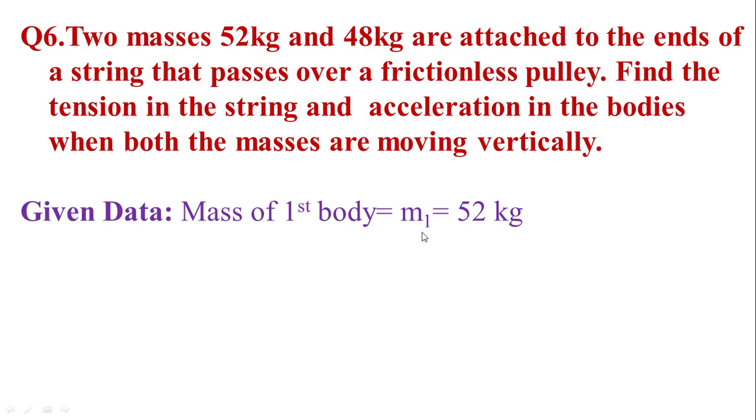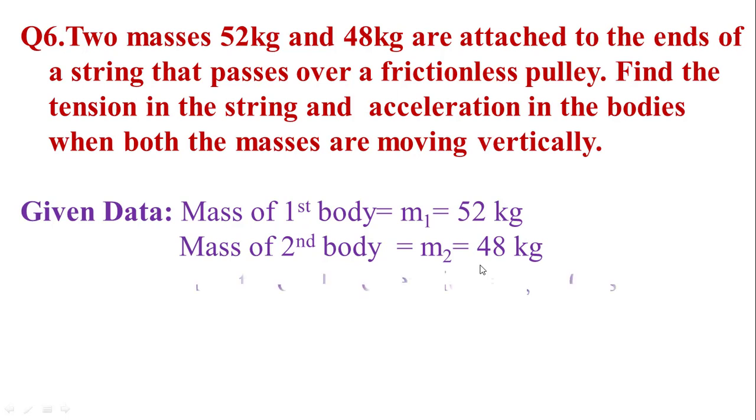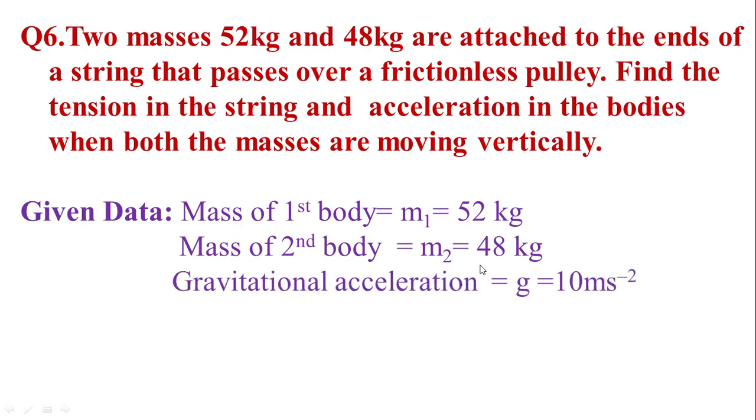Mass of first body m1 is equal to 52 kg and mass of second body m2 is equal to 48 kg. Gravitational acceleration small g is always constant. Its value is 10 meter per second square.